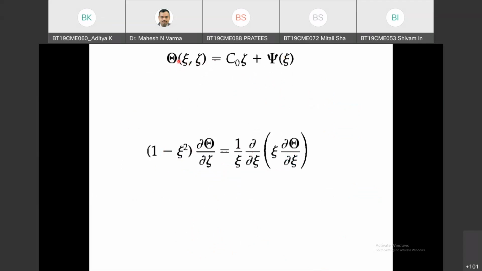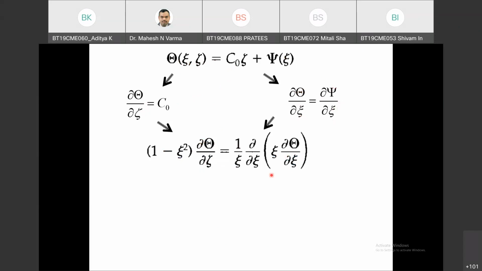So I'll be getting the value of d theta by d zeta. What will be d theta by d zeta? D theta by d zeta will be C0, and d theta by d epsilon will be d psi by d epsilon.